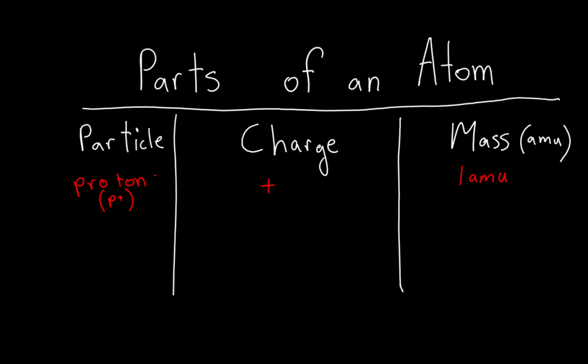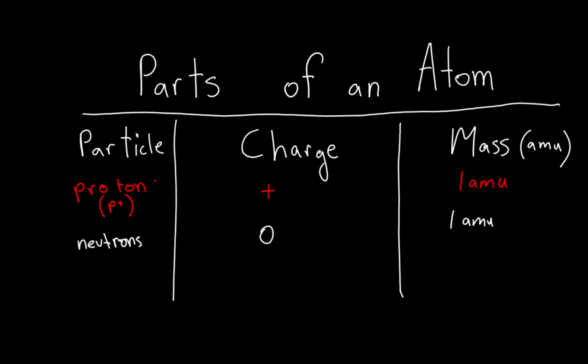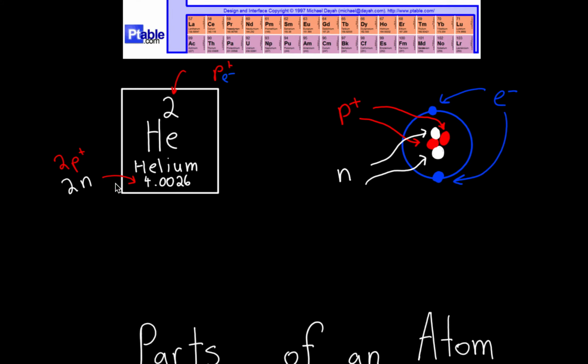Then we have neutrons that have a charge of 0 and also weigh 1 AMU. And you can remember this because if we go right here, we had the 2 protons, we had the 2 neutrons, and that was a total of 4. So 4 AMU total in weight.